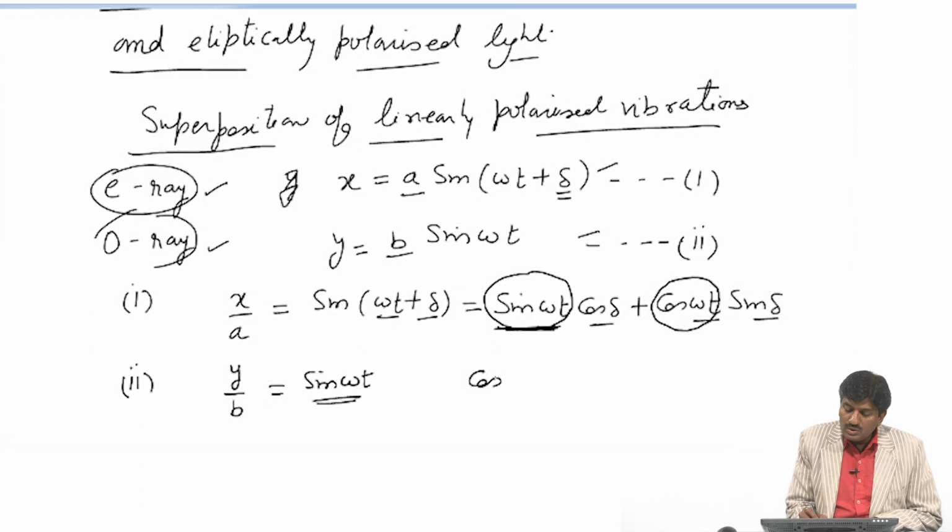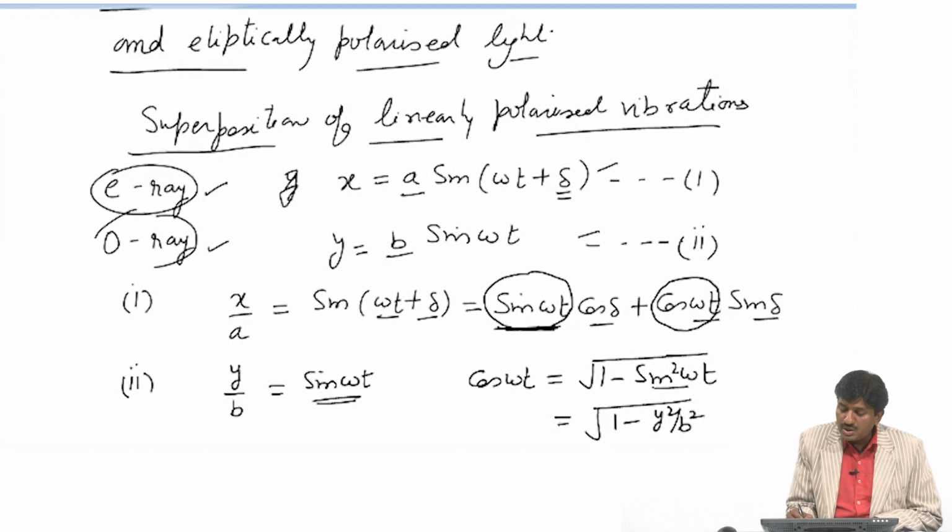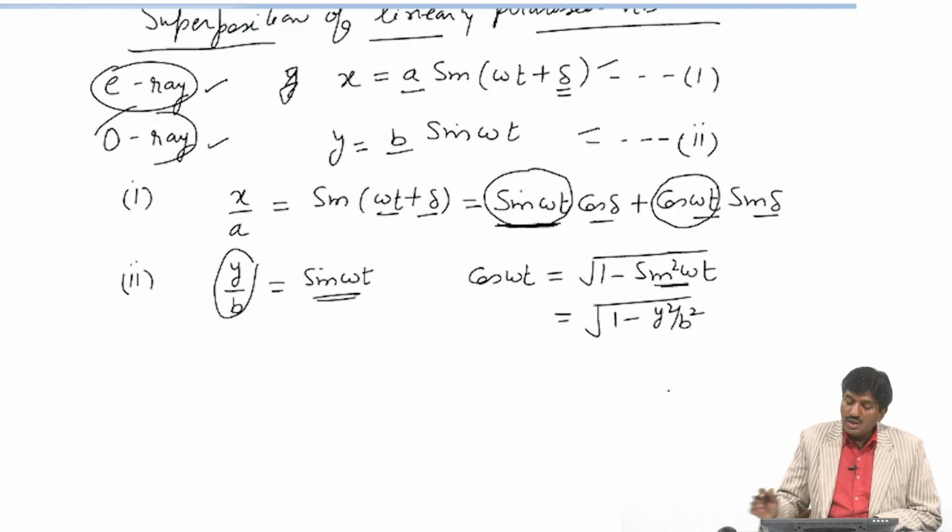We know that cos omega t is under root 1 minus sin square omega t. Since the value of sin omega t is y upon b, cos omega t becomes under root 1 minus y square upon b square.